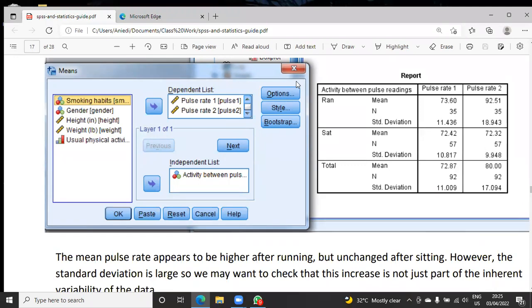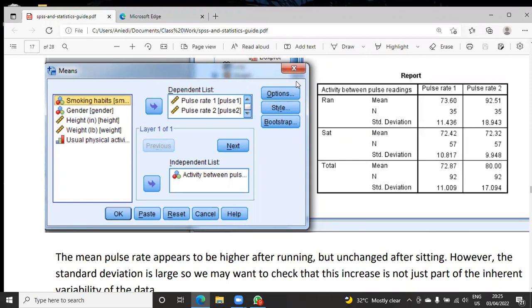Okay, this is another variable, one that had to do with smoking habits. They are looking at the pulse rate of those who ran and the pulse rate of those who were seated. The same people participated in the two experiments.